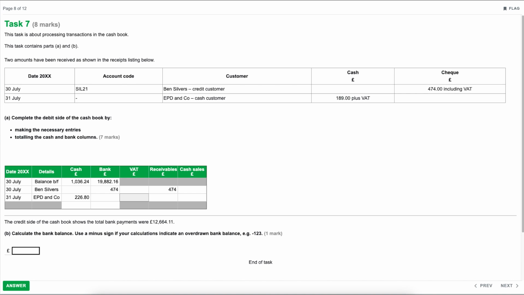Either way, that works out a VAT of £37.80, so we can enter that in. We don't touch our receivables. Obviously, the receivables column is only there for credit customers. However, we then do lastly enter in the net amount within our cash sales column. So that would simply be our 189.